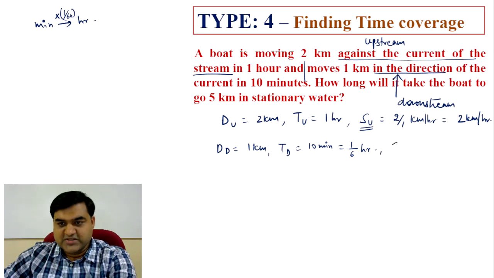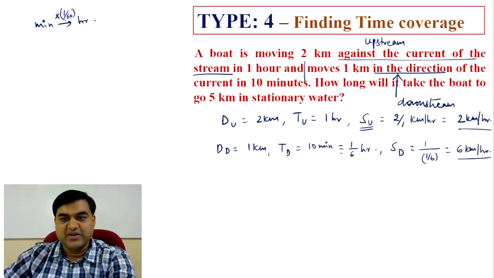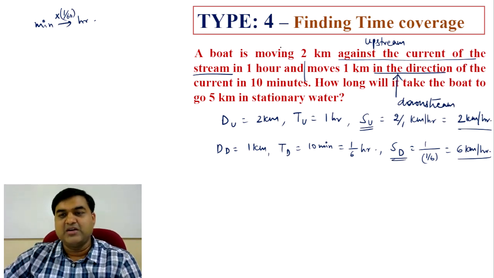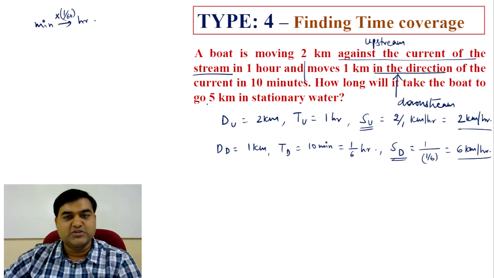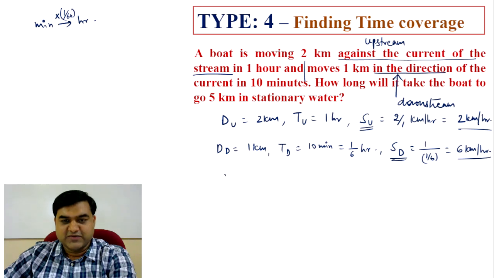So what is the speed downstream? Speed downstream will be nothing but distance by time. 1 divided by 1 by 6, that is 6 goes up, 6 kilometer per hour. So what we have? We have the value of upstream speed and downstream speed. How long will it take for the boat to go 5 kilometer in stationary water? So let's find the speed in stationary water.